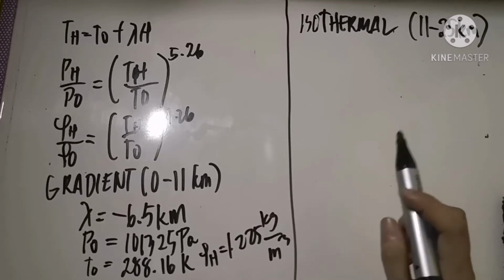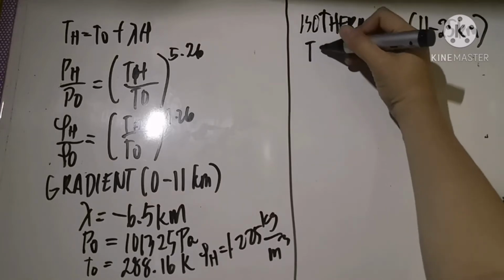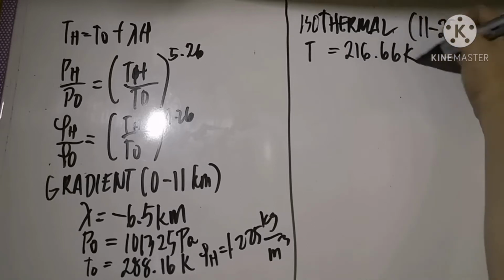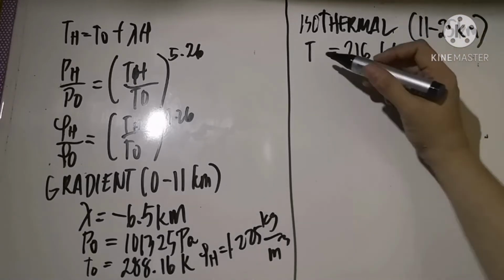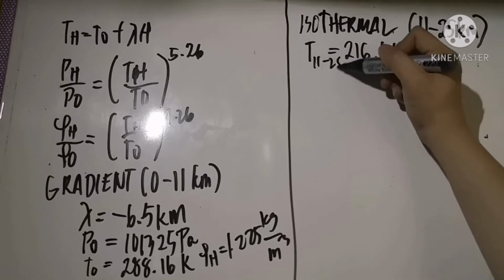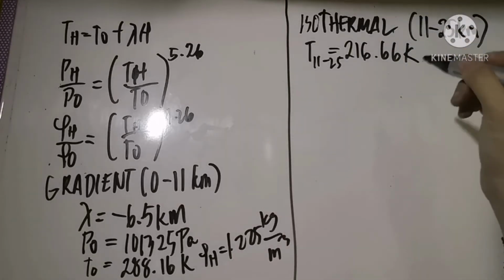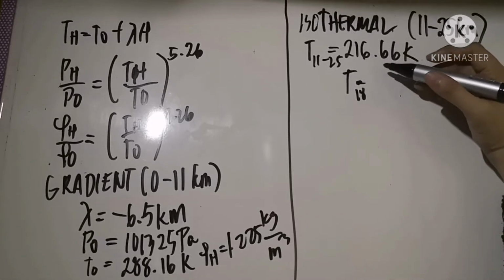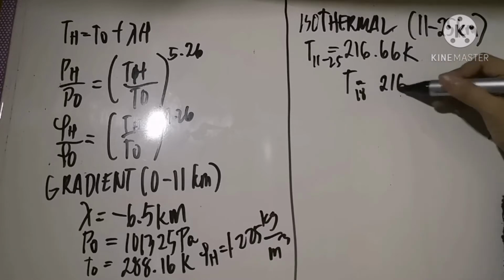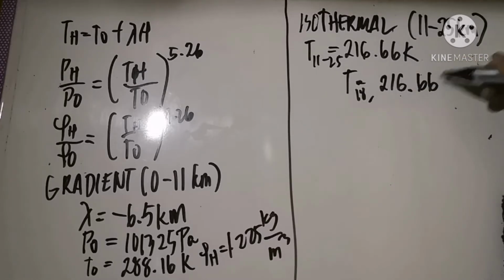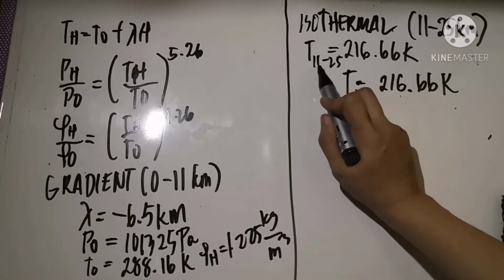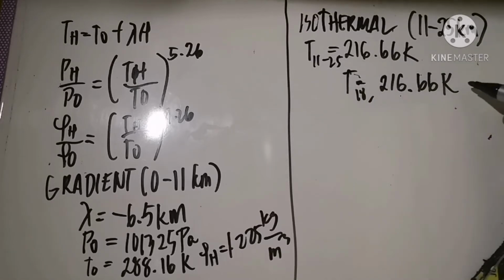Now, this isothermal region has a temperature na 216.66 Kelvin. So, meaning, this temperature is from 11 to 25 kilometers. So, pag ang tinanong sa inyo, ano yung temperature sa 18 kilometers? What? Magsasolve ka pa ba? Hindi na. Dahil you know na 18 kilometers is in between 11 to 25. Therefore, same lang yung temperature na to 216.66.